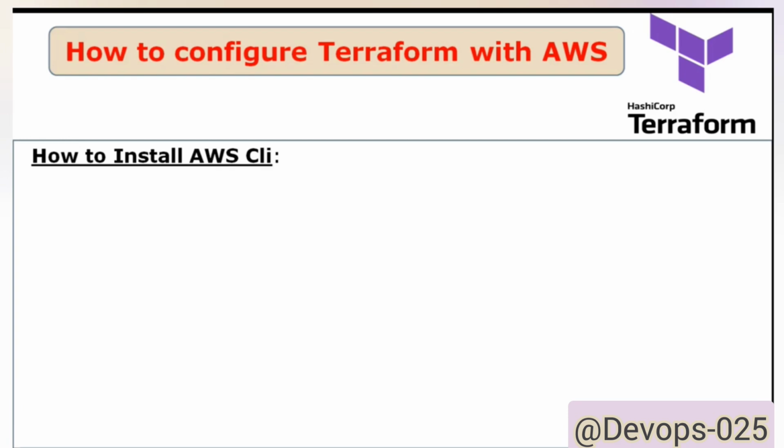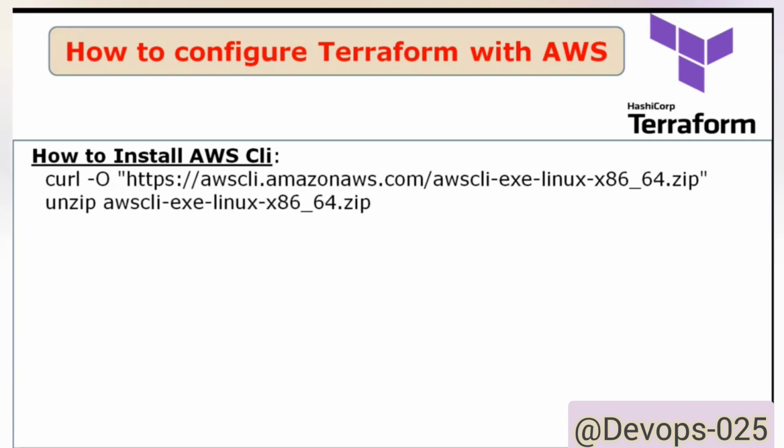So if you want to work with AWS, instead of going to the AWS dashboard and creating things manually, from the Linux server we need to install AWS CLI, and after that, using AWS CLI commands, we can do all the operations which are needed.